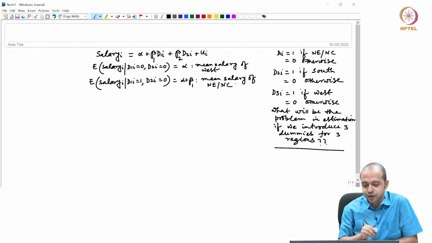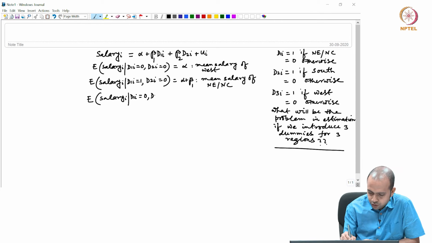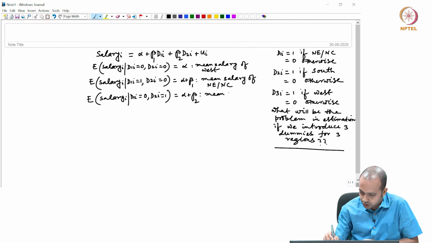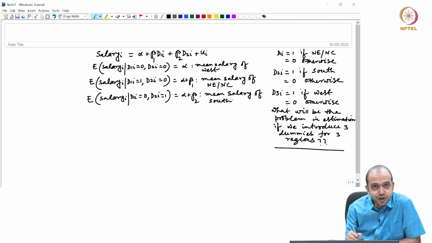That is the interpretation of alpha plus beta 1, and expectation of salary given D1i equals to 0, but D2i equals to 1, that will give you alpha plus beta 2. Okay. And alpha plus beta 2 is then mean salary of South. Okay. Now, how will you derive beta 1 and beta 2?